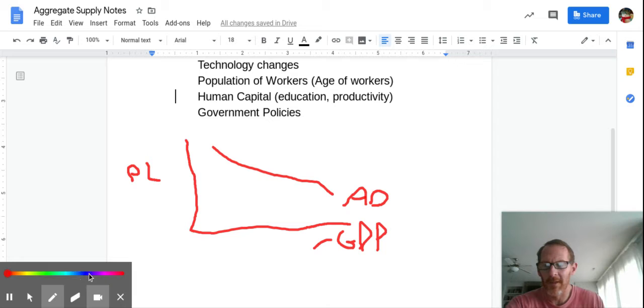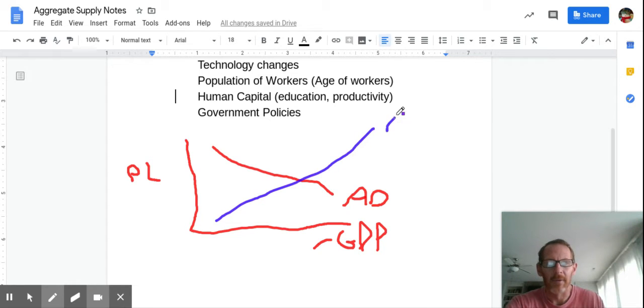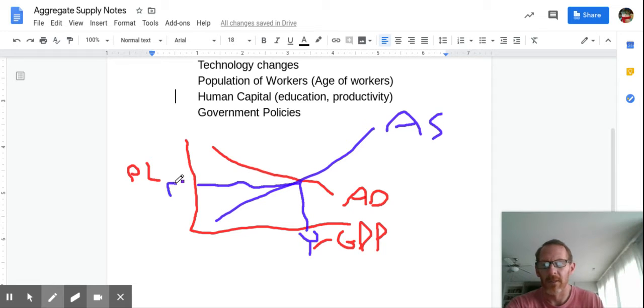And then why don't I use blue for this? And this one will be aggregate supply. And so aggregate supply will look like that. So then we use Y as our output number, like our quantity for GDP, and then we'll put here our equilibrium price level.